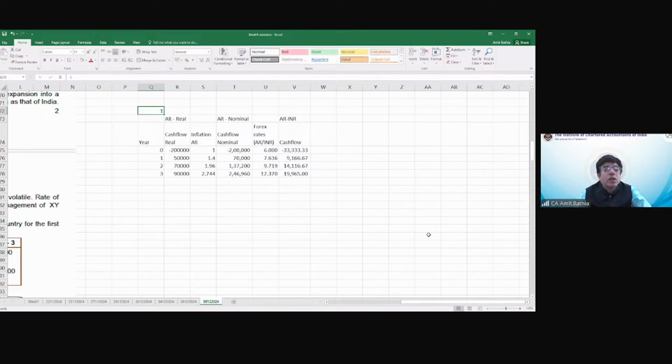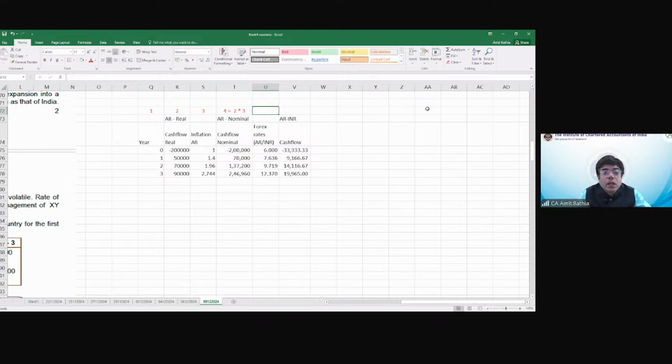This is column number 1, these are column numbers 2, 3, and column number 4, which we got by multiplying 2 into 3, am I right?